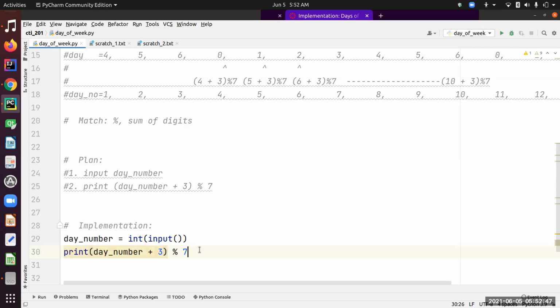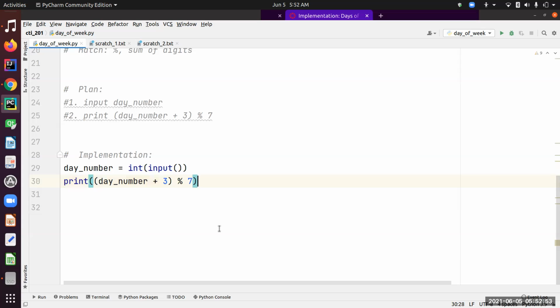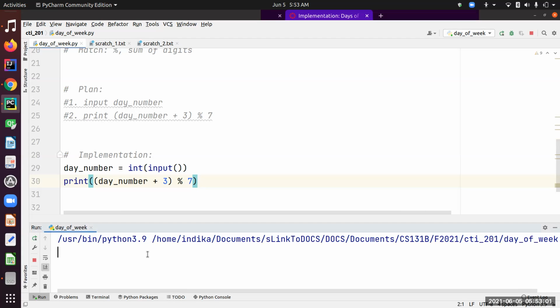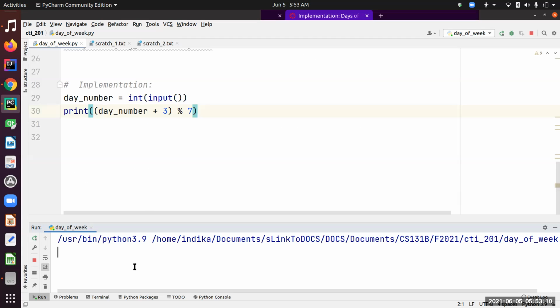All right, let's run this. I'm going to run it over here first. It's expecting an input. Let's try day 10. I'm expecting 6.